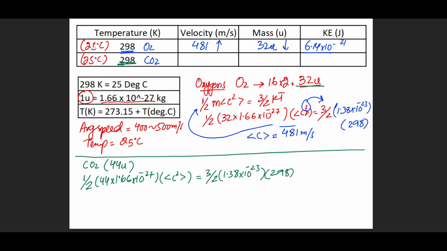You'll find out the root mean square speed to be a bit less because the mass is higher. So this comes out as 410 meters per second.